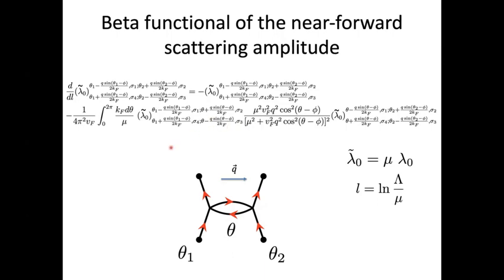And there are two interesting aspects. First of all, the phase space volume for the intermediate particle-hole pair scales with kf over mu.